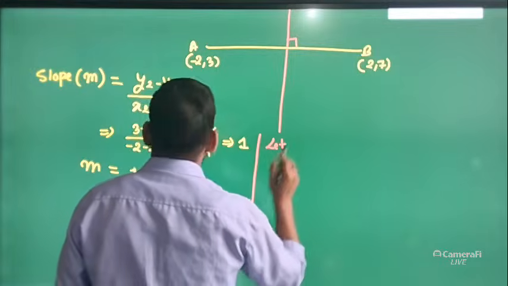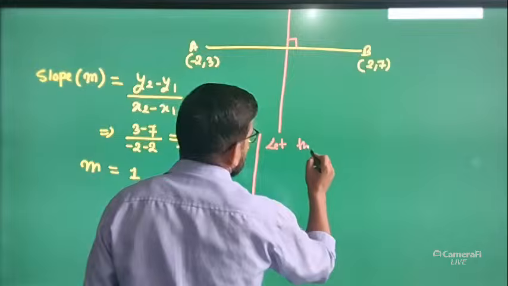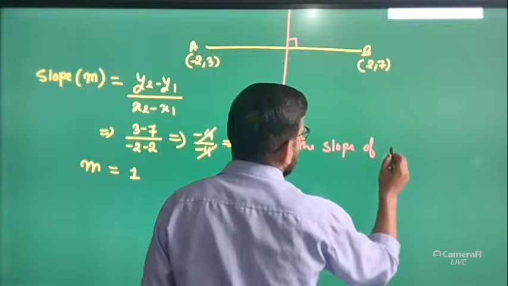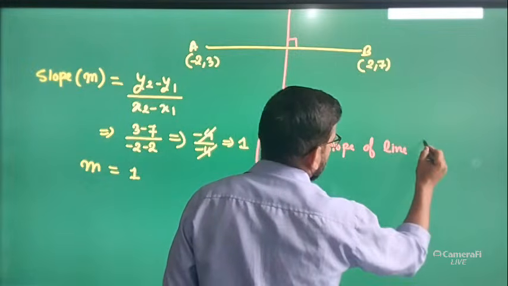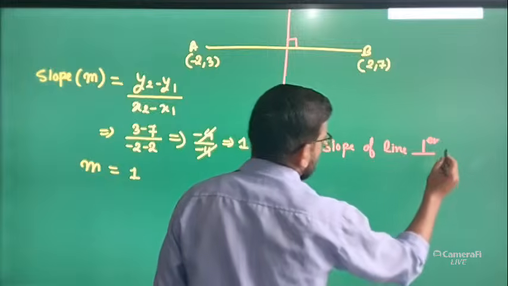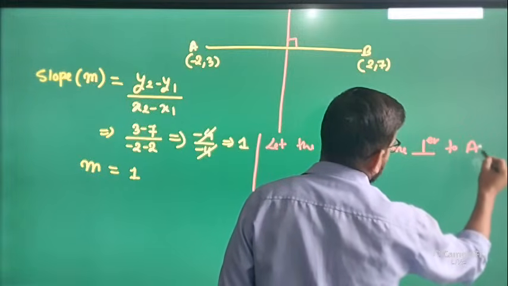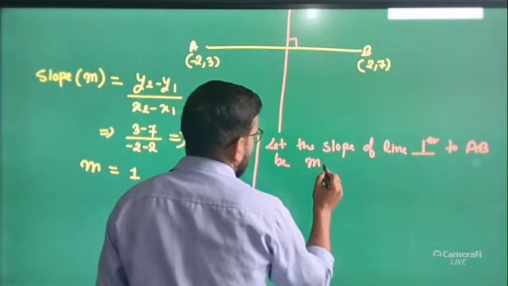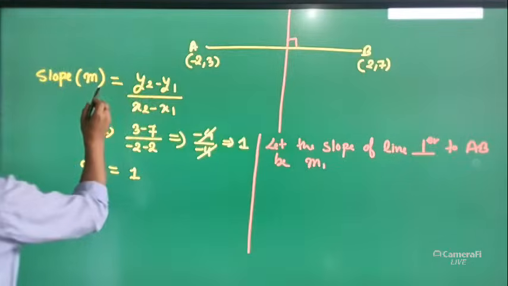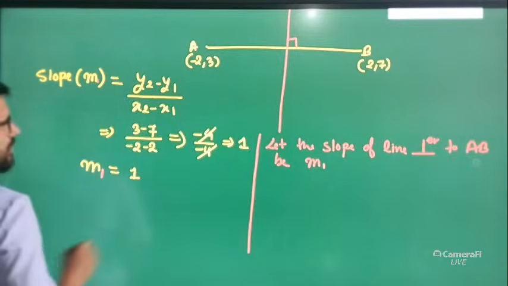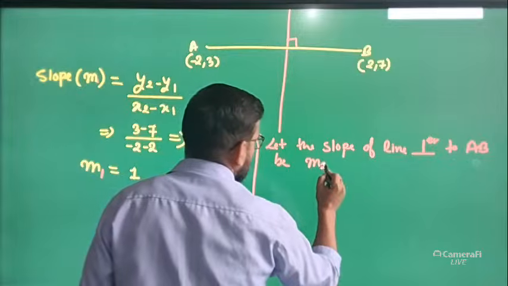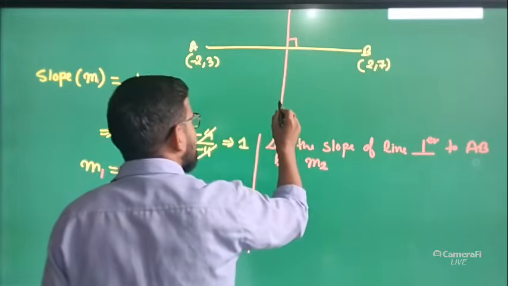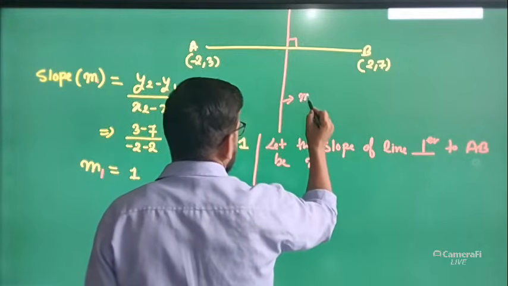Let the slope of AB be M1, and let the slope of the line perpendicular to AB be M2.